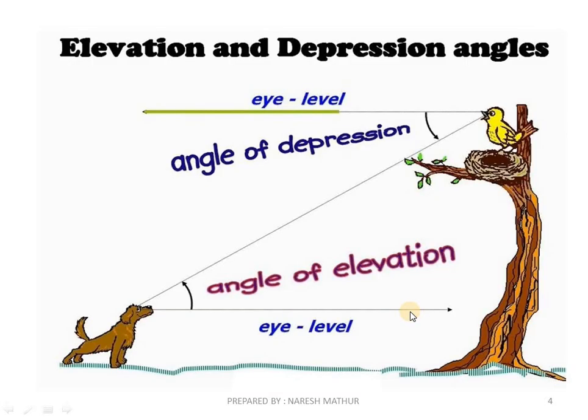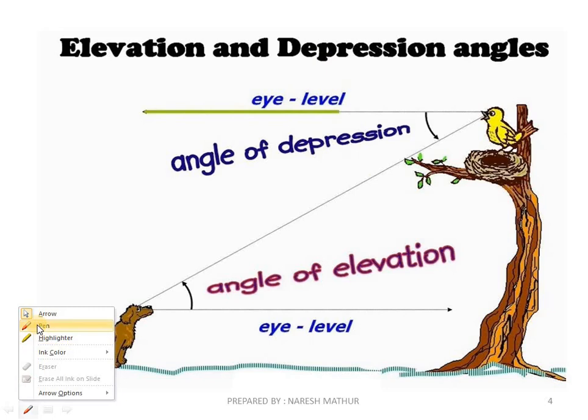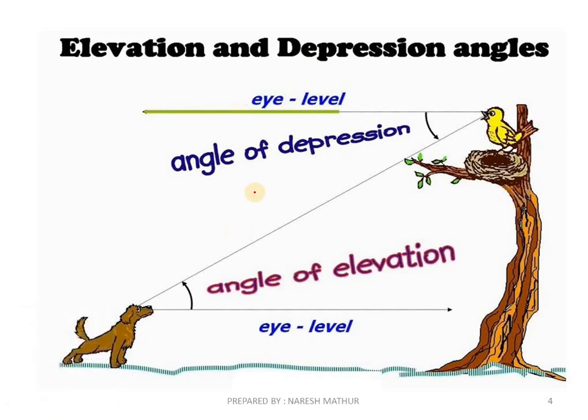Alright, now one more example we have. If we are given this kind of condition in a question, where the angle of elevation and angle of depression both are given, or suppose only the angle of depression is given, now see how we can solve this problem. Suppose the angle of elevation is given as 60 degrees. Just for solving it, we can draw this line, or we can make a right triangle as well.